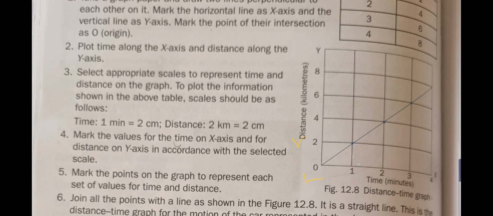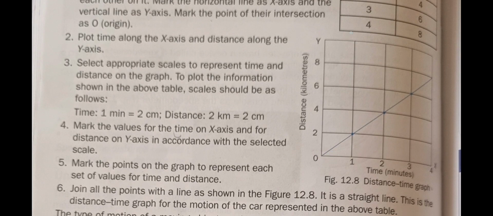In 1 minute, 2 kilometers covered, in 2 minutes, 4 kilometers covered, in 3 minutes, 6 kilometers, in 4 minutes, 8 kilometers. Now we can join the points and plot a straight line. This shows the uniform motion.